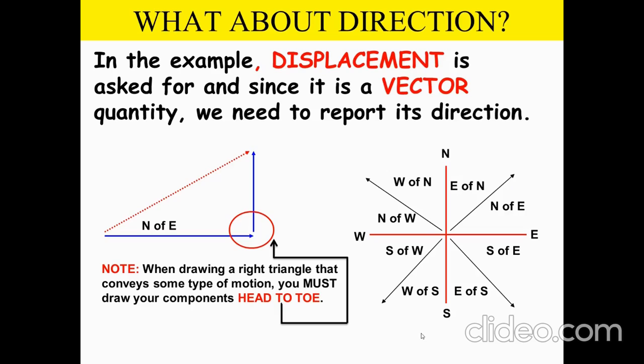We haven't said anything about the direction of this vector. To record the direction, generally you can use the north, south, east, west scale as represented in this figure. So in our particular case, when the displacement is to the east and then to the north, the final position we can represent as north of east.